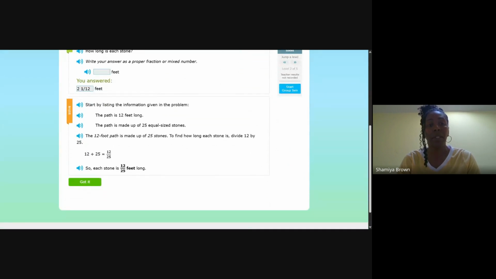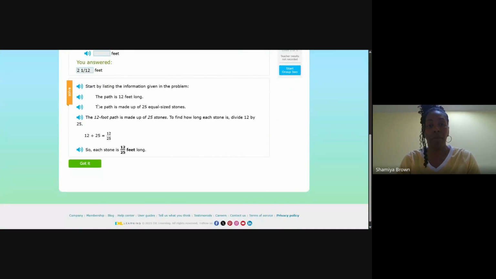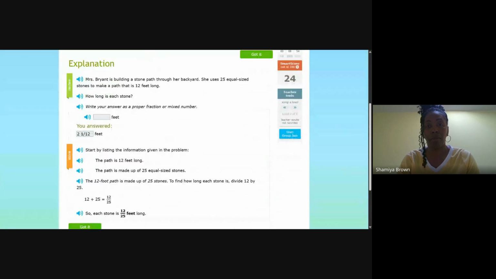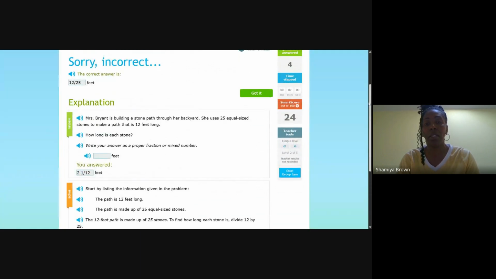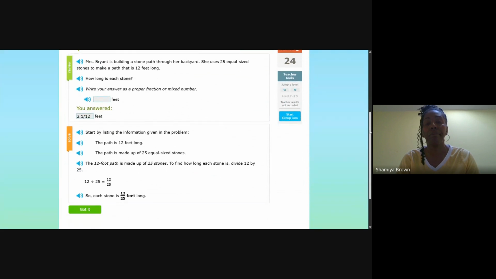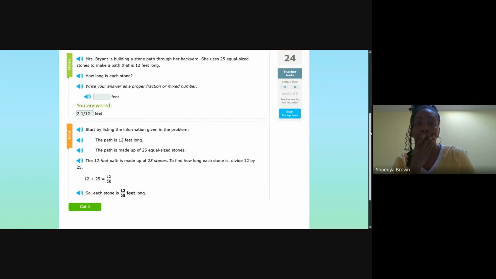Let me read the explanation. The path is 12 feet long. So the path is being divided by 25 equal pieces. Okay, so I'm splitting the path, not the pieces. That makes sense.